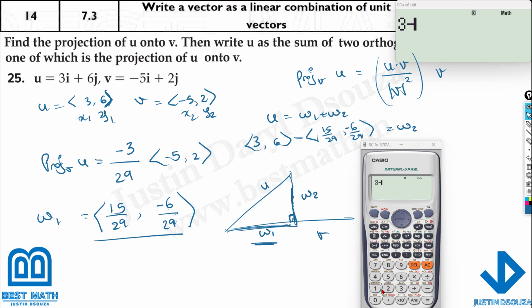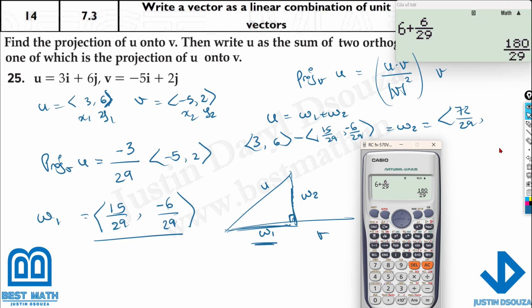Here 3 minus 15 divided by 29. That is 72 by 29. So W2 would be 72 by 29. The next one would be 6 minus of minus would be plus. So I'll just write it over here. 6 plus 6 again.